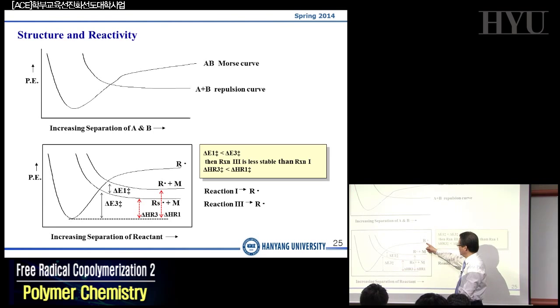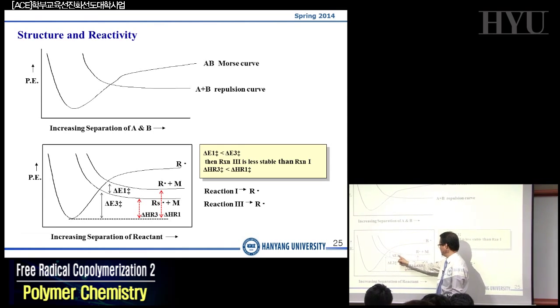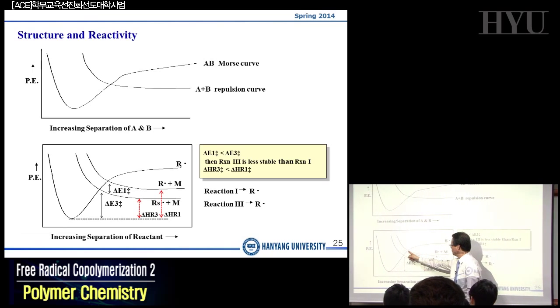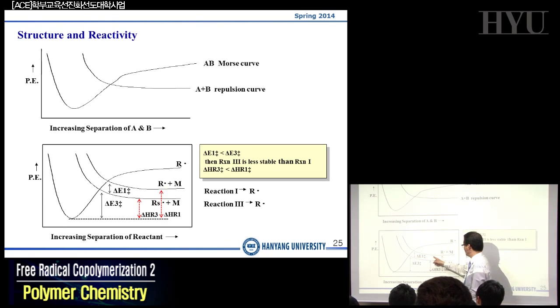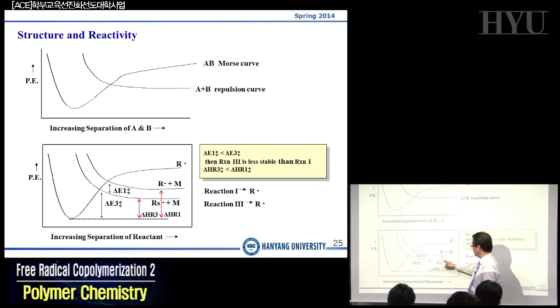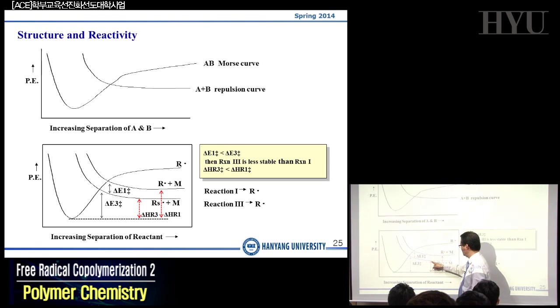If I have an R and M reaction, the activation energy is from this point to this point, so it's about delta E1. If I have a reaction for the repulsion, in this case, this level is delta E3.